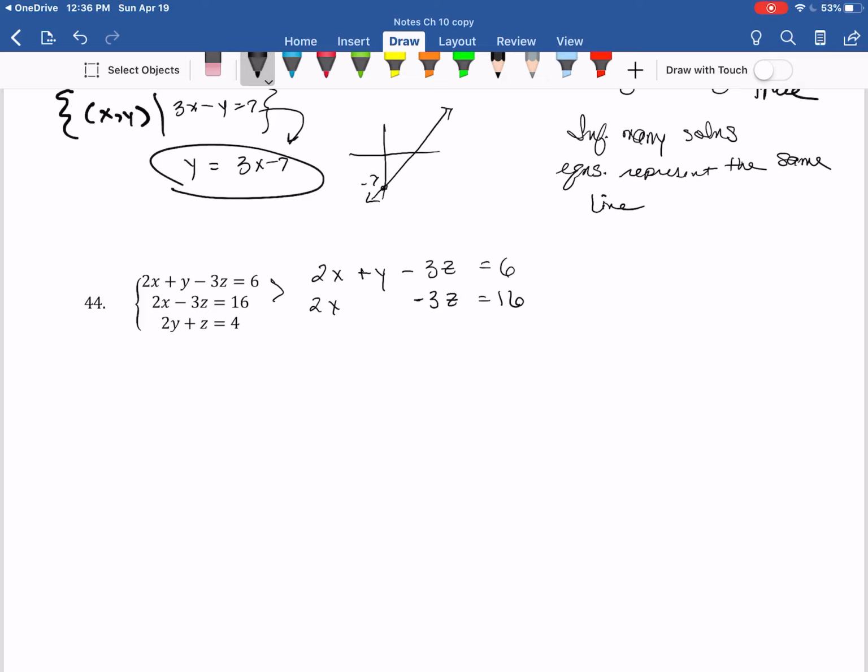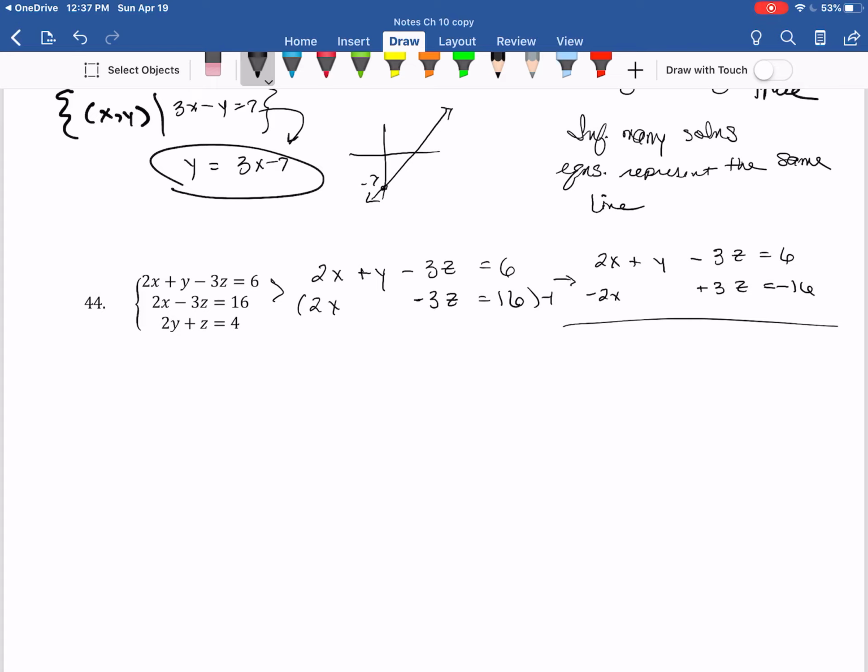Solving using elimination, let's say, if I want one of my variables to be eliminated, you might consider multiplying the second equation by -1. And that's going to leave you with 2x plus y minus 3z is equal to 6, and -2x plus 3z is equal to -16. And then you might add your like terms together, right?